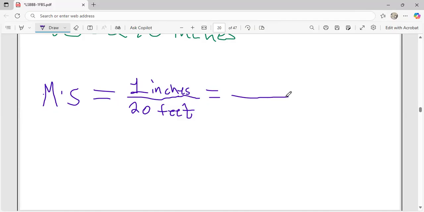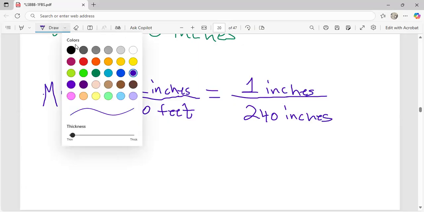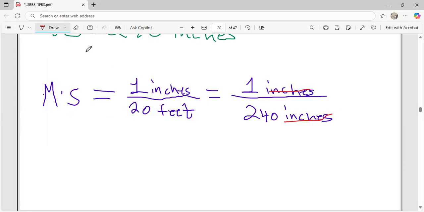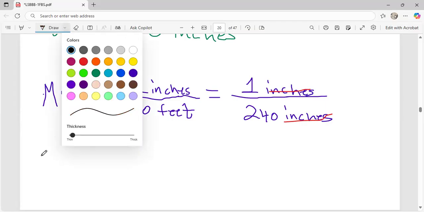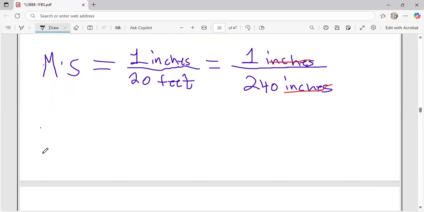And at the end of the day, we later had 1 inch is to 240 inches. So from here, you realize that life has become much easier, which implies that we can let the inches cancel inches. And we can now say that our map scale finally is equal to 1 is to 240. Then we are done. So that is our final answer.